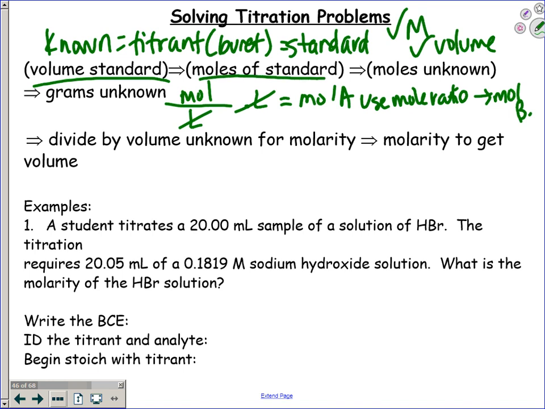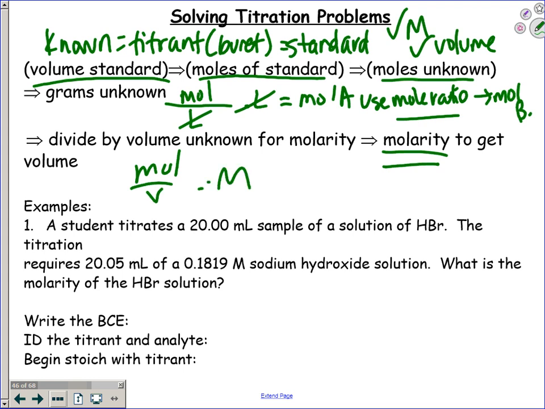This is on your paper someplace. Then you'll use the mole ratio to get the moles of the unknown, which might be base in this case. And you can do a variety of things. How would you get from moles to grams? Molar mass. You can get from moles to molarity by just dividing by volume, because moles divided by volume gives you molarity. There's a couple different things you can do.